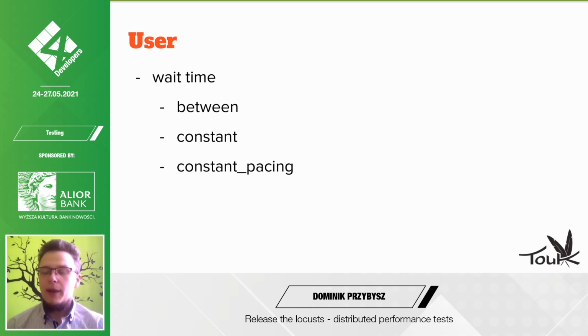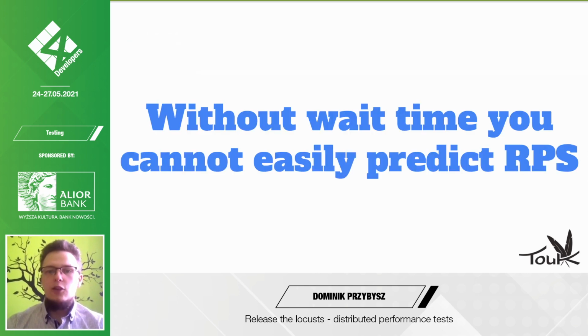And you have constant pacing, which is the time between the beginning of the previous task and the start of the next one. And very important information connected with wait time: without wait time, you cannot easily predict the RPS of your system, because Locust will just run one task after another without any waits.